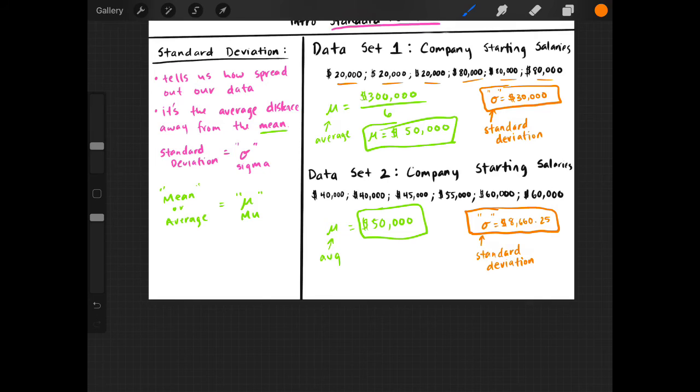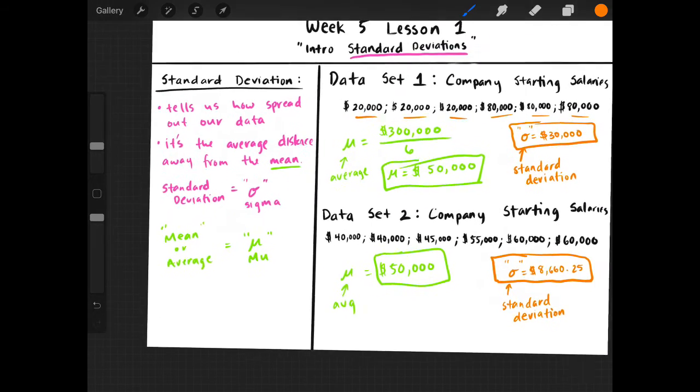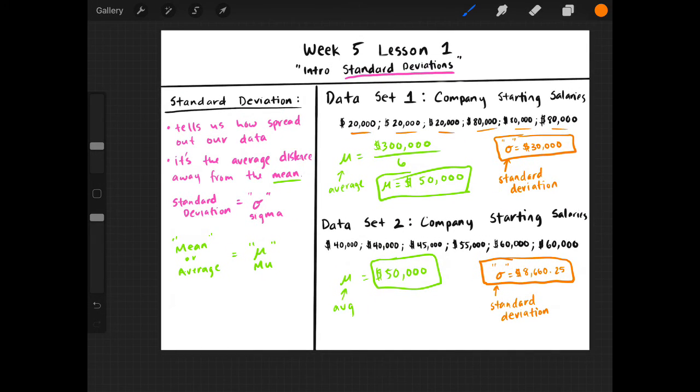So the question is, what would be the better situation to go into? If you were looking at this first company, you're either starting at 20,000 or you're starting at 80,000. Probably 80,000 if you have certain qualifications, 20,000 if you're just starting.